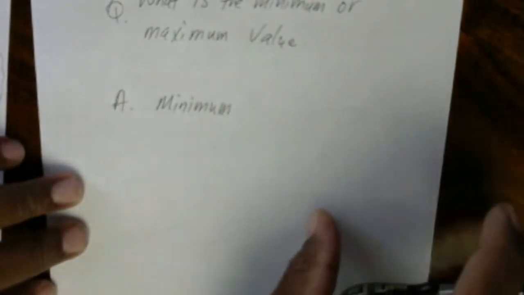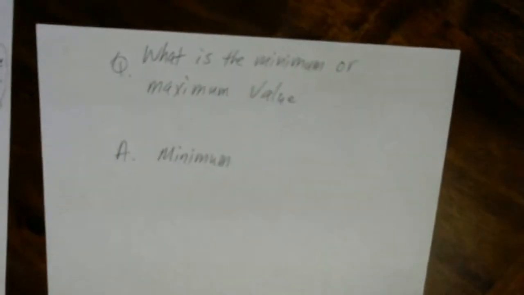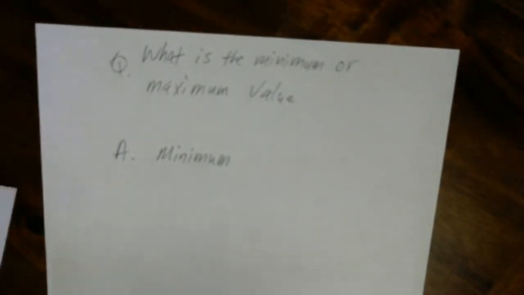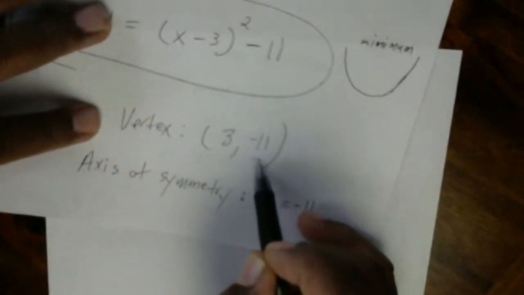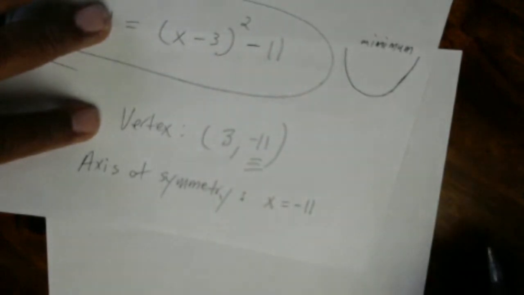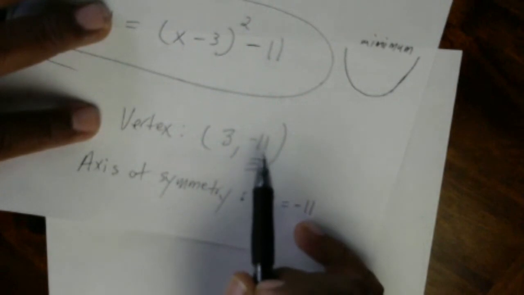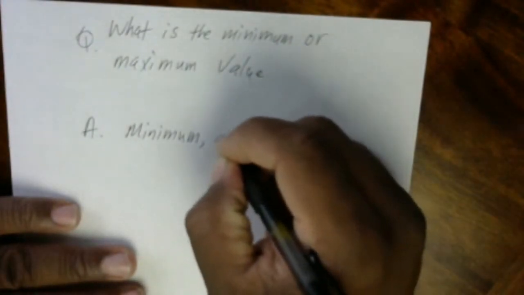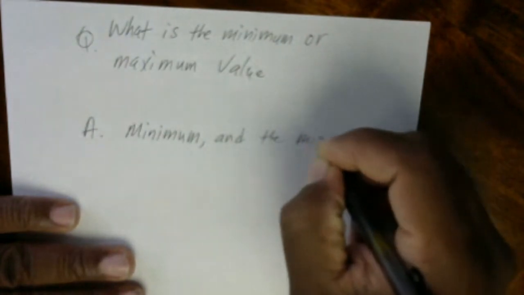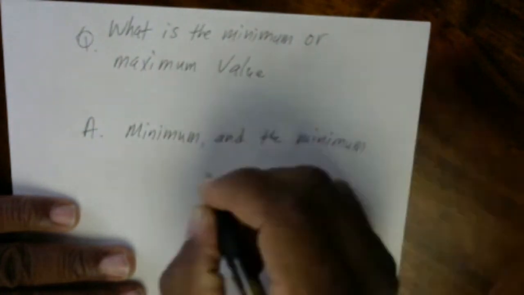What's the minimum or the maximum value? Well, remember from our formulas earlier, the minimum or the maximum value is the k-coordinate of our vertex. So the minimum value would be negative 11. So the graph is the graph of a minimum, and the minimum value is negative 11.